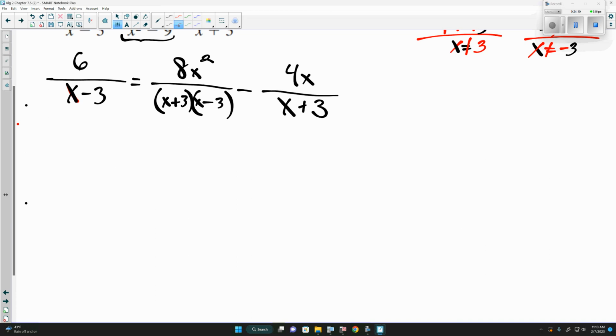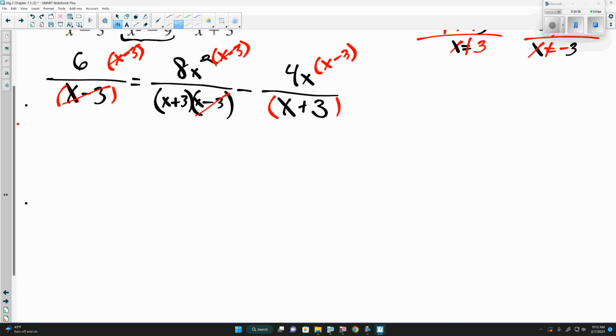Okay, now our next step is to multiply everything so that the denominators will simplify out. What is one thing we know we'll need to multiply by? X minus 3. So we'll apply it to all three and see what happens. Well, the first one here, this x minus 3 and this x minus 3 will cancel. The middle one, the x minus 3 and x minus 3 would cancel.